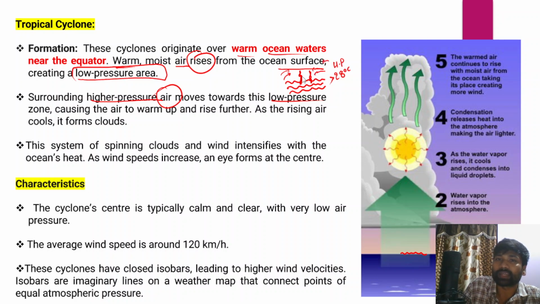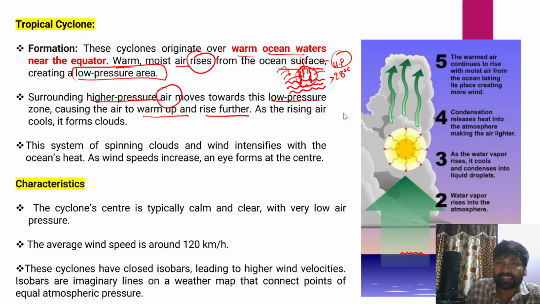We all know that winds generally flow from a high pressure zone to a low pressure zone. So the surrounding high pressure air moves into this low pressure zone, which causes the air to warm up and rise further.